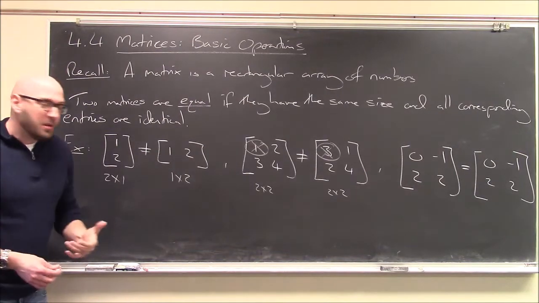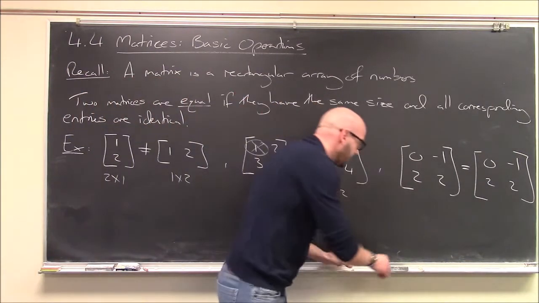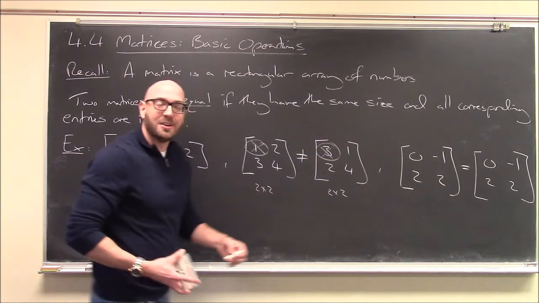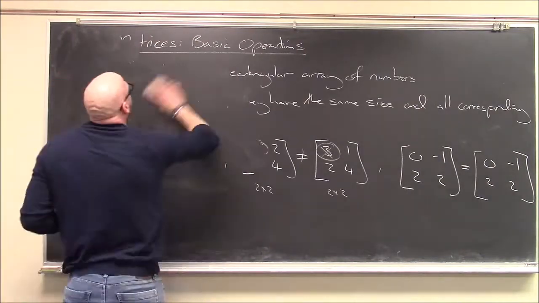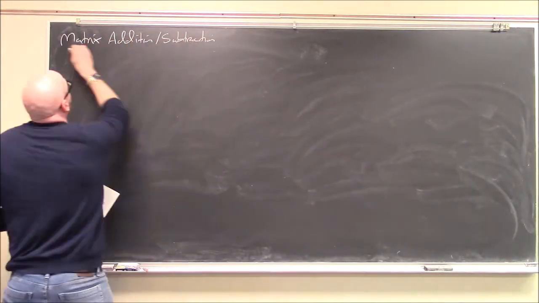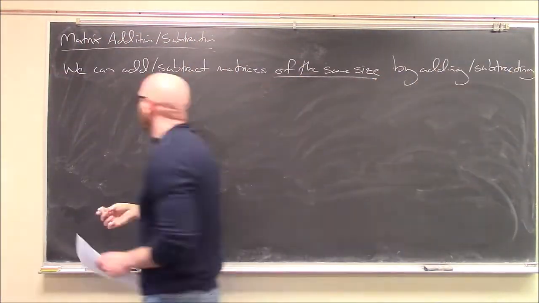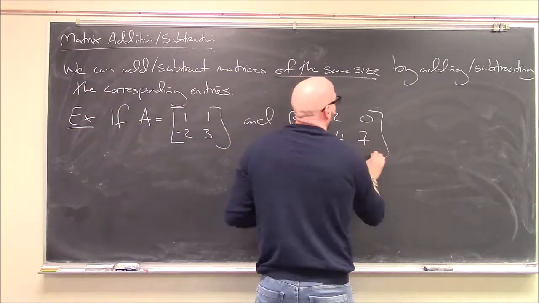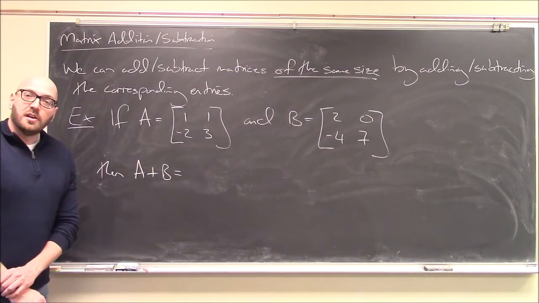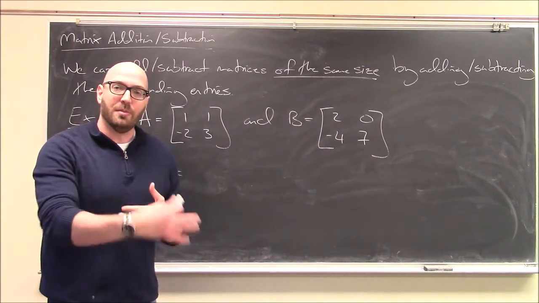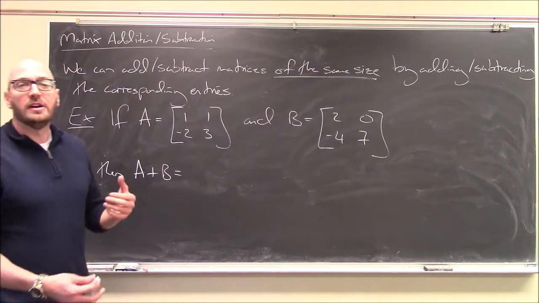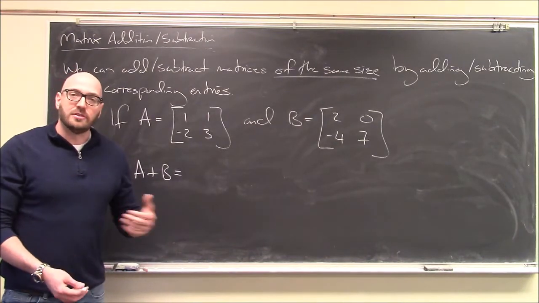So like I said, we want to do matrix algebra, so where do we start? Well, usually you start with addition. So what does it mean to add matrices together? The first thing you tend to want to do when you start introducing new objects in mathematics, in this case our objects are our matrices, is you start to ask how do we define some of these basic algebraic operations on them?